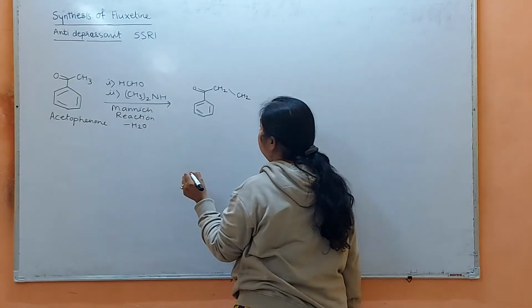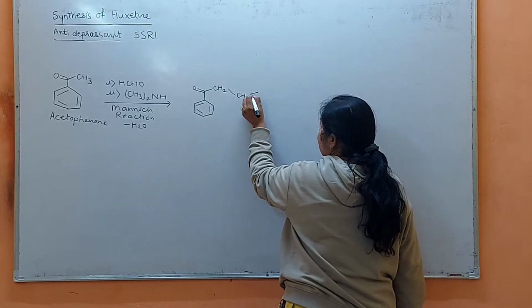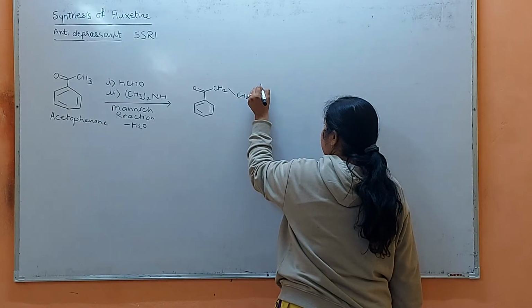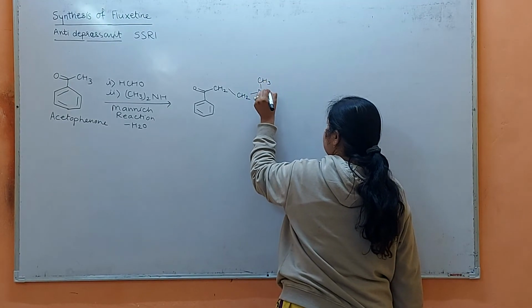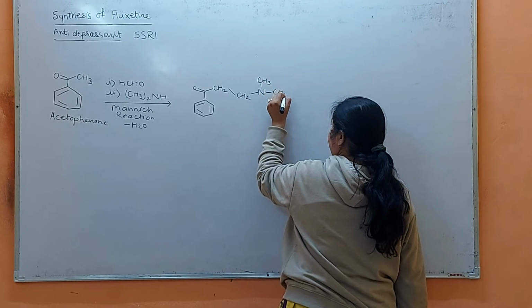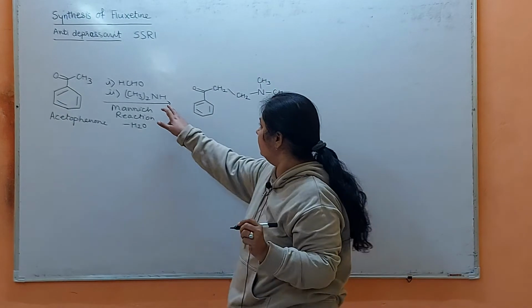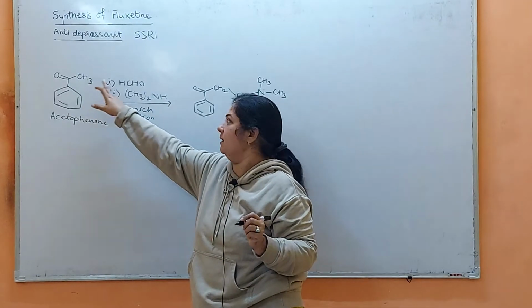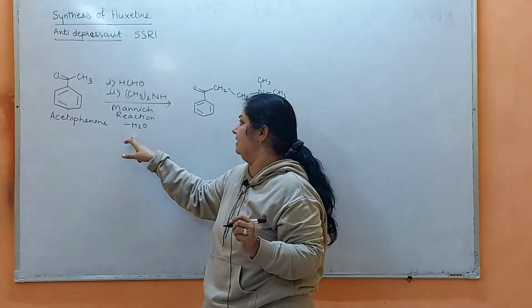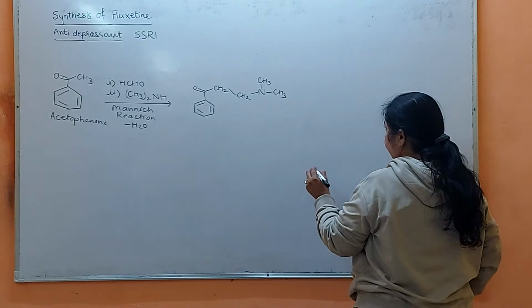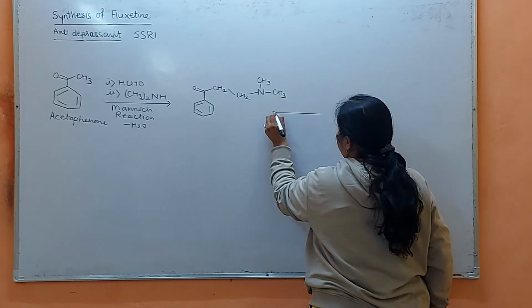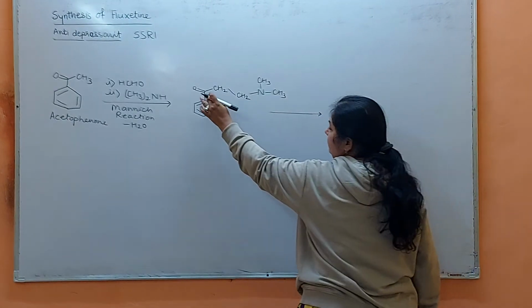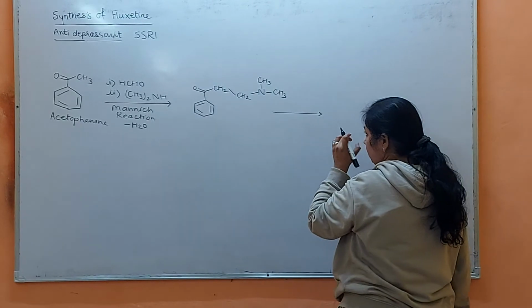Then you have N, CH3 and CH3. Please try to understand. One H goes from here, other H goes from here, and O from here, so minus H2O. Now we need to convert this double bond O to OH.